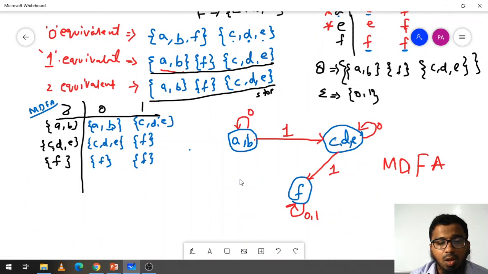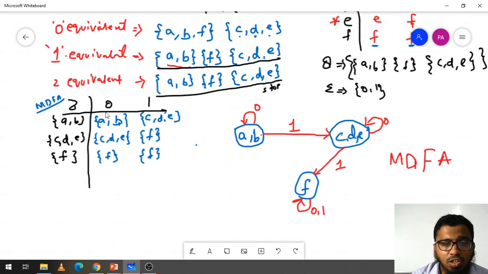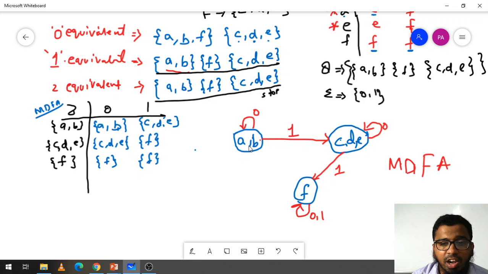Then after that we draw the state graph: A comma B, C comma D comma E, and F. Here A, B on 0, what answer are we getting? We are getting A comma B. Okay.